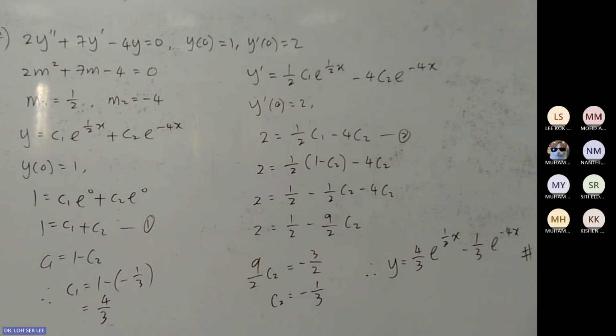Any questions? Suppose this question you know how to solve, after question A up until this one. If you look at the past year questions, normally question number 1, part A, you will see something like this.